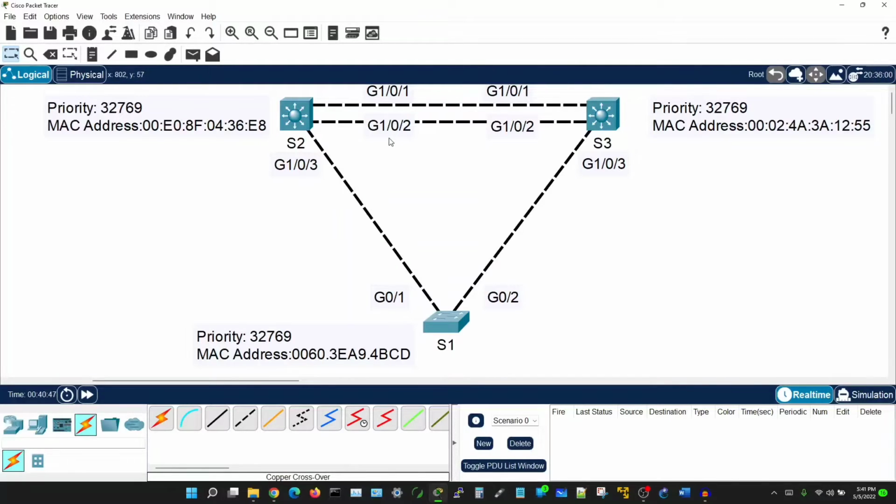We didn't talk about this much in the previous video, but let me just go over it. We have 2 different paths. Both have the same cost of 4, because we're dealing with gigabit interfaces. So it has the same cost. So it's going to default to choose what? The lower bridge ID.